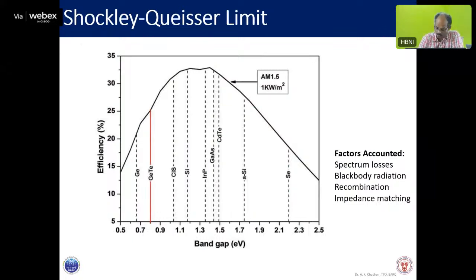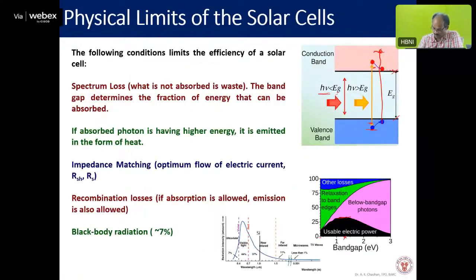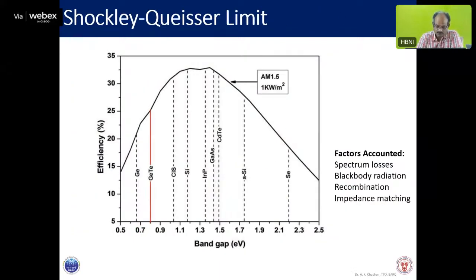By considering all the losses which we saw in that slide, for silicon, which has nearly this band gap, in the ideal case, if everything is perfect, we cannot have more than this efficiency. That is the maximum possible efficiency which we can achieve using a silicon solar cell.